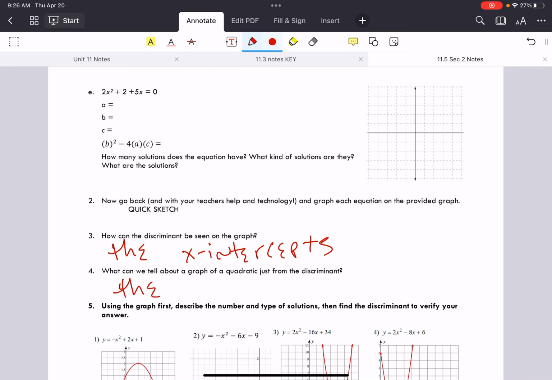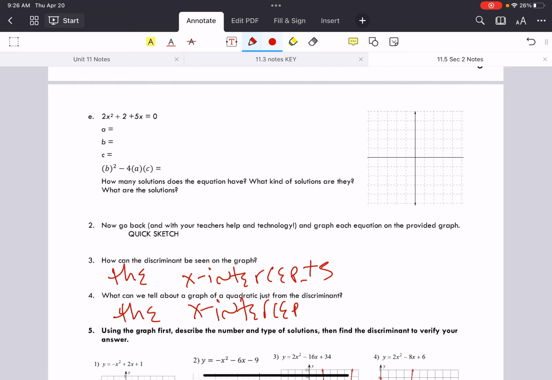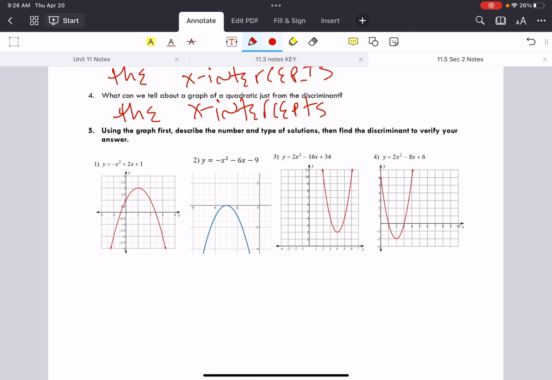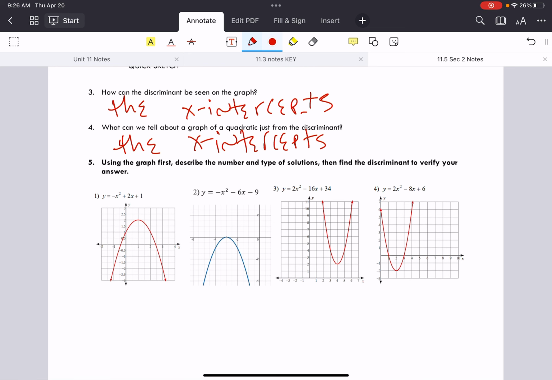The x-intercepts. Okay, and number 1, all we're going to do is say the number and types of solutions, or the type of discriminant based on the graph.